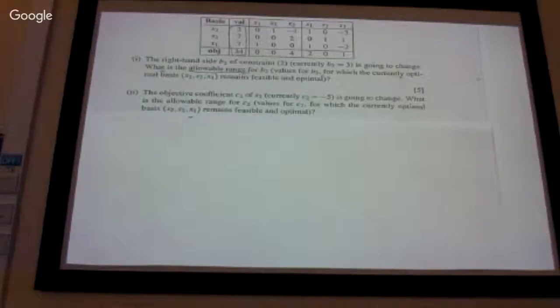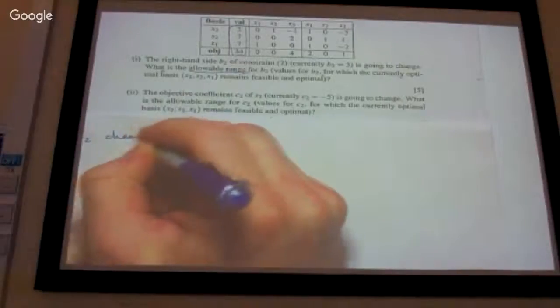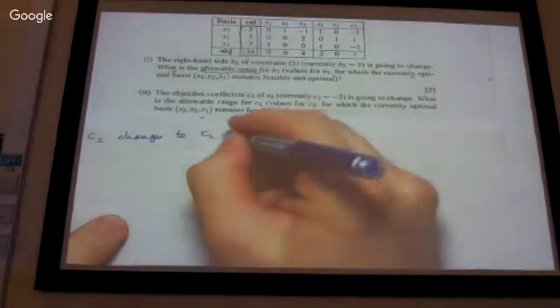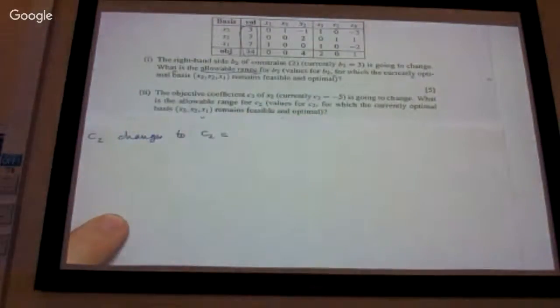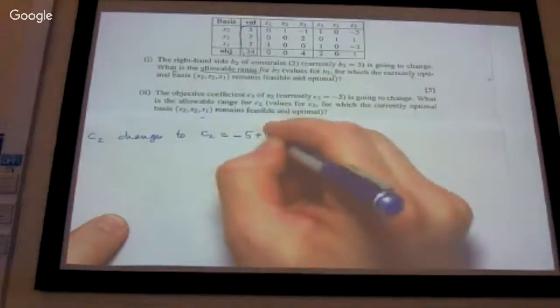Okay, C2 changes. I'll do the delta approach. So C2 will now be, it used to be -5. So I'll say it's -5 plus delta.